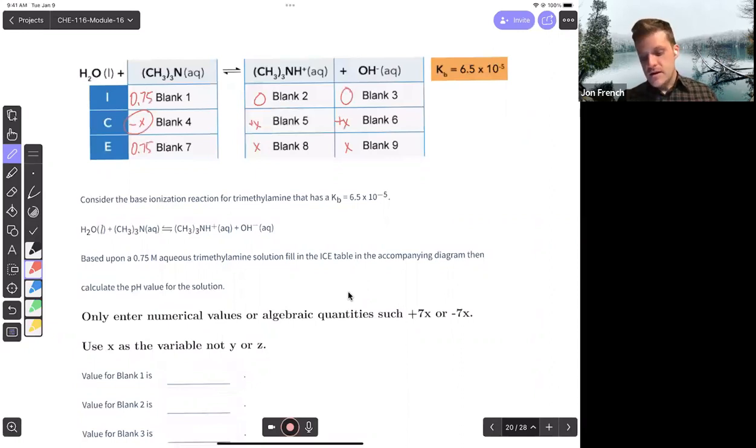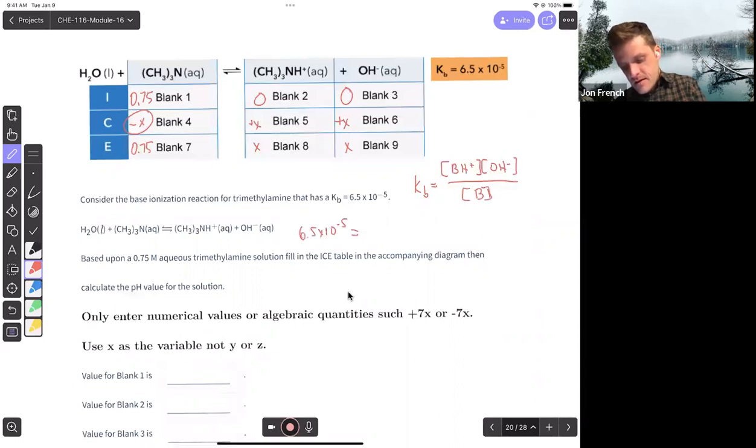The only trick with these is we have one more step, because Kb equals the concentration of my conjugate acid times hydroxide all over the concentration of my base. We know Kb, 6.5 times 10 to the minus 5. X times X all over my initial concentration, 0.75.